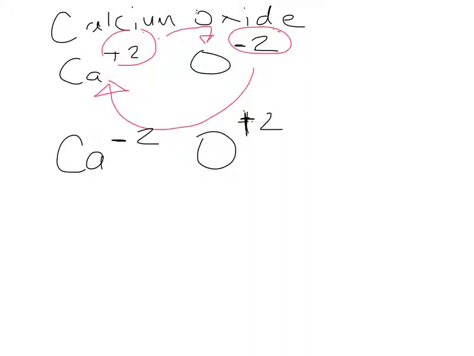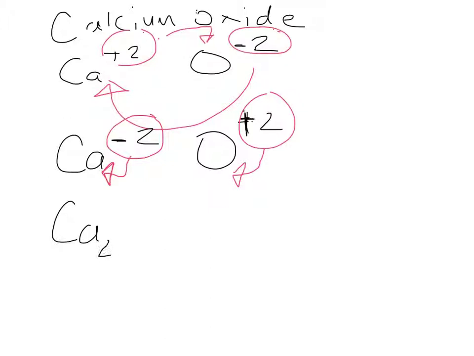So we're going to take this, drop it to make it a subscript right here, and this, make it a subscript right here, but take off the charges. Okay, so that means we would have Ca2, right, because we're taking off the charges, and then O2.